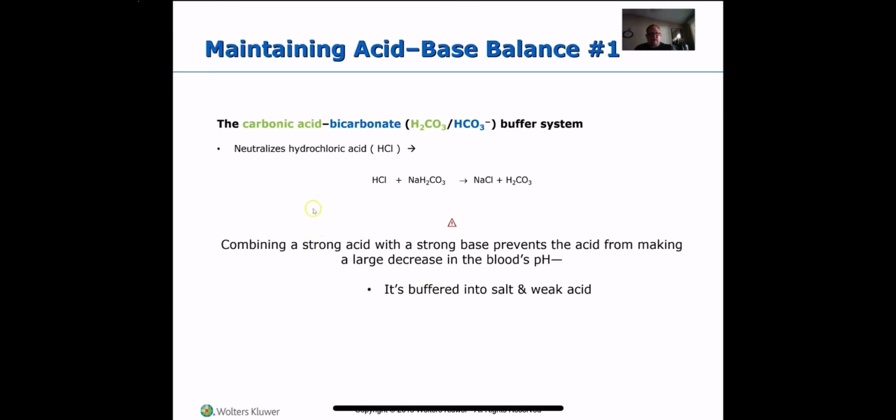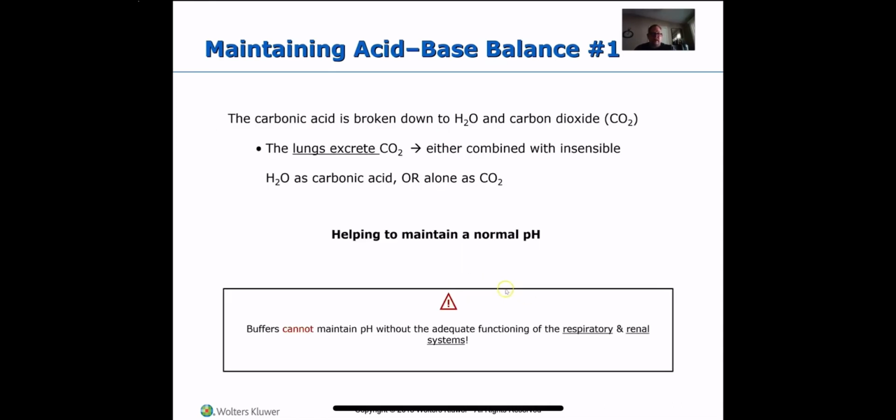There's a carbonic acid and bicarbonate buffer system. So basically, CO2 with water will form carbonic acid. So with your bicarbs, bringing back your old chemistry days, breaking down your chemicals this way, the strong acid with the strong base breaks down to decrease your blood's pH, buffered into sodium and a weak acid.